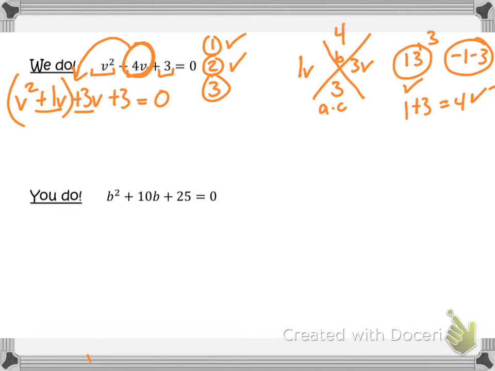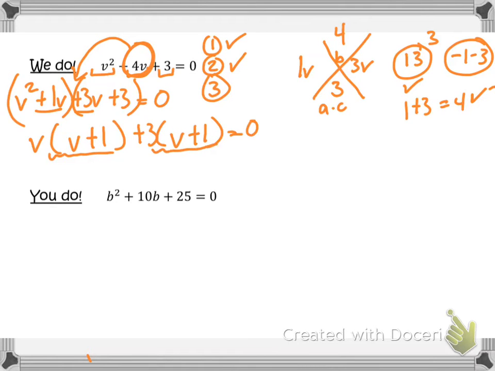Group, group, group, group. Out of the first group, factor out a V, and I have V plus 1. Out of the second group, factor out a 3, and now I have V plus 1. Factor out the common binomial, and I have V plus 1 with V plus 3.